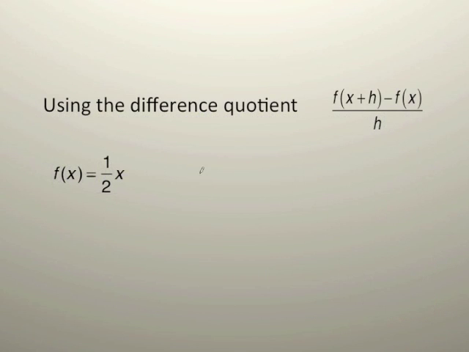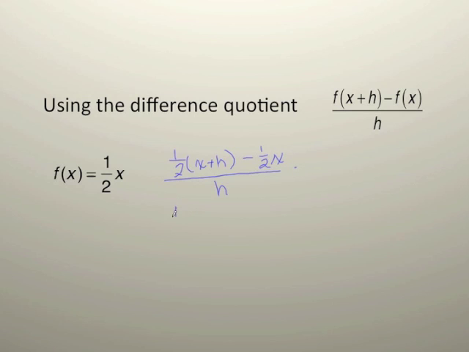So now we want to use that difference quotient. We're finding f of x plus h minus f of x over h. So here's my f of x. I will have f of x plus h will be 1/2 of x plus h, and then remember it's minus f of x, so minus the regular function 1/2 of x, and it's all over h.